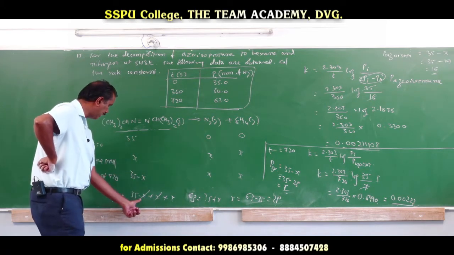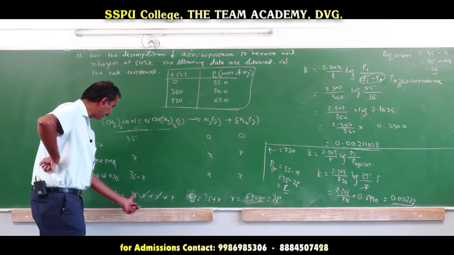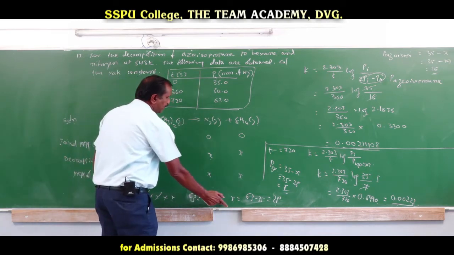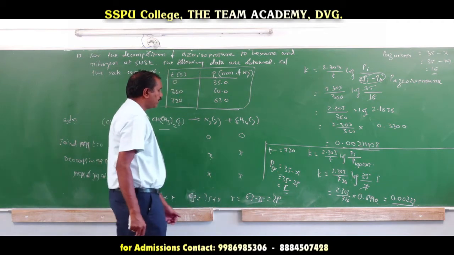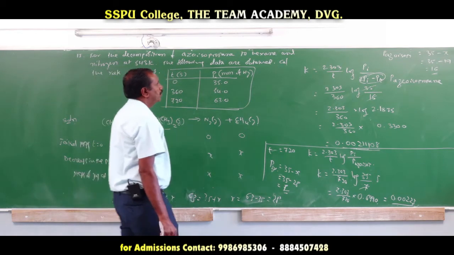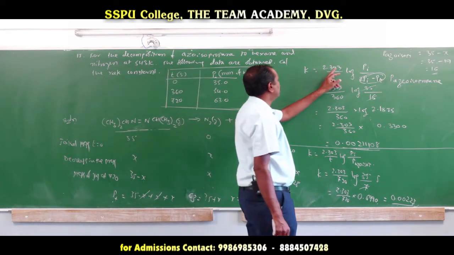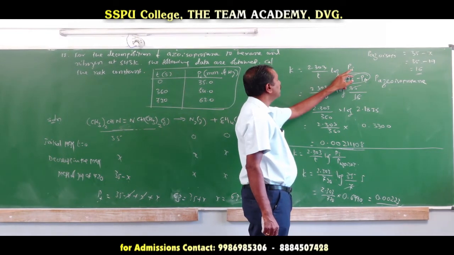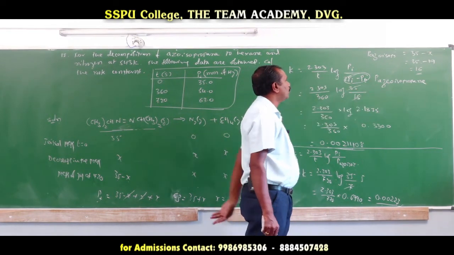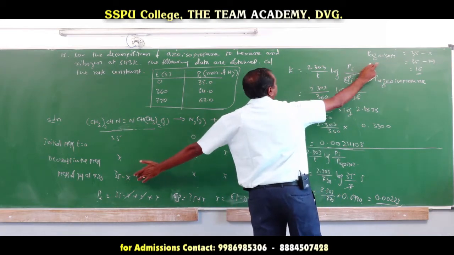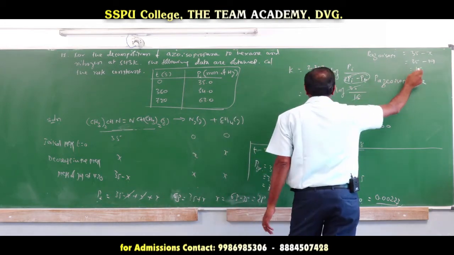Minus X plus X cancelled, 35 plus X, where PT at 720 becomes 63. 35 plus X, where X equals 63 minus 35, nothing but 28. Now K can be calculated by using the formula 2.303 by T into log of initial pressure divided by partial pressure of azoisopropane. Partial pressure of azoisopropane is nothing but 35 minus X.